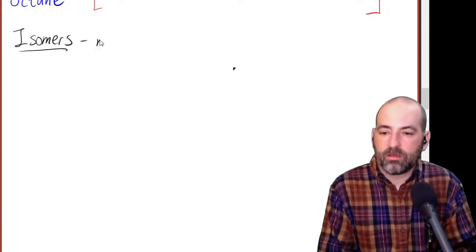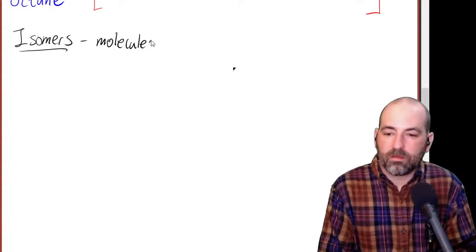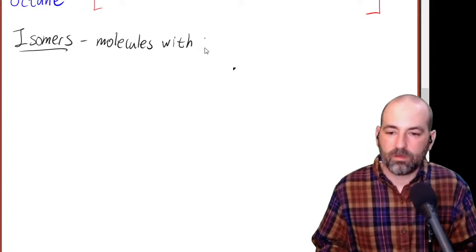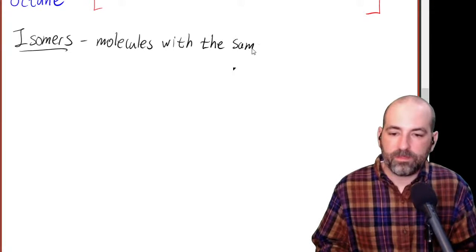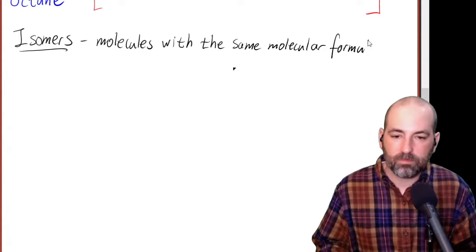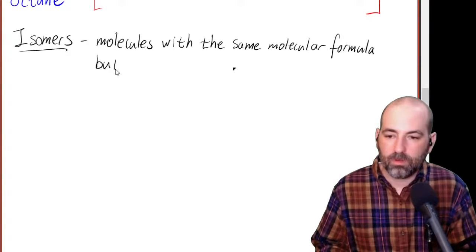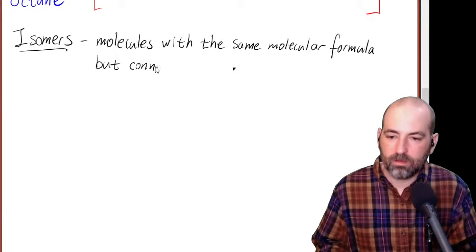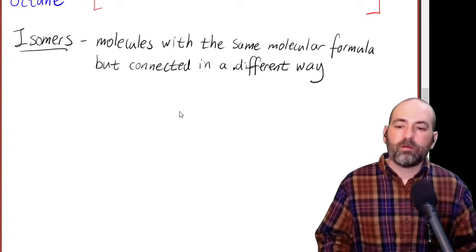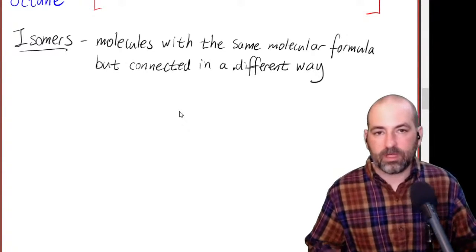Isomers are molecules with the same molecular formula but connected in a different way. All right, so 2 molecules with the same molecular formula connected in a different way.